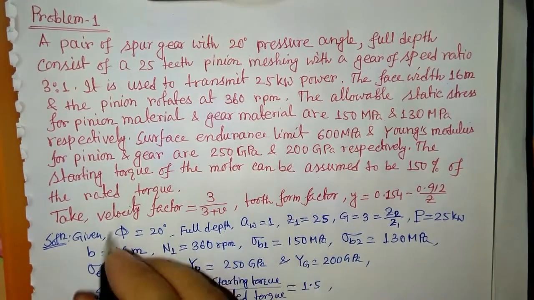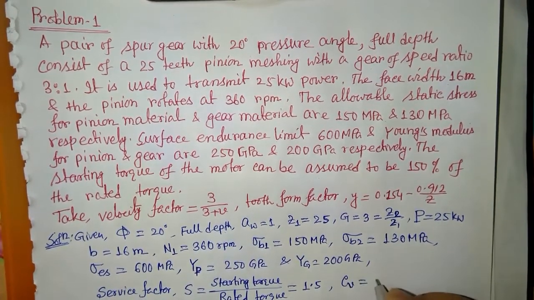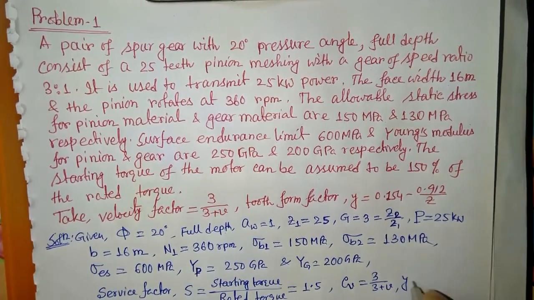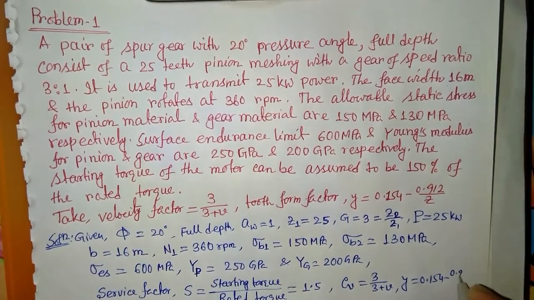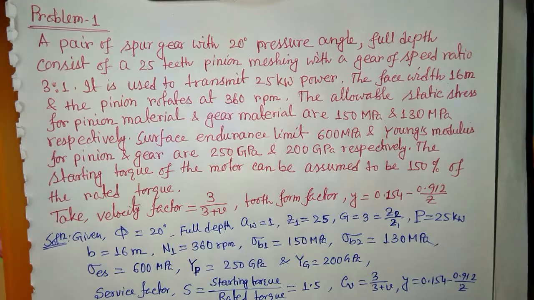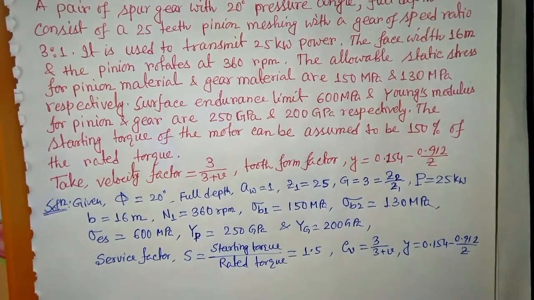Okay, and the velocity factor Cv is given 3 by 3 plus V, and Y is given 0.154 minus 0.912 by Z. So this information is given by the problem.